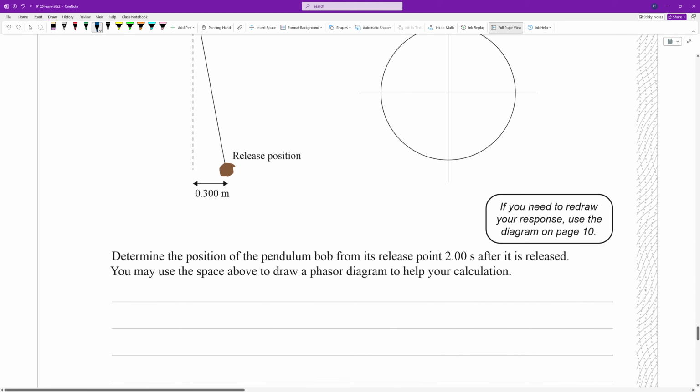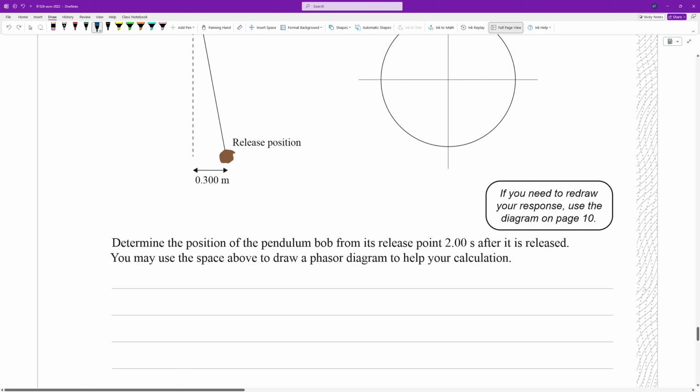The question is, determine the position of the pendulum. In SHM we usually use y, but since it's the horizontal direction, let's use x. The position of the pendulum from its release point 2 seconds after it is released.